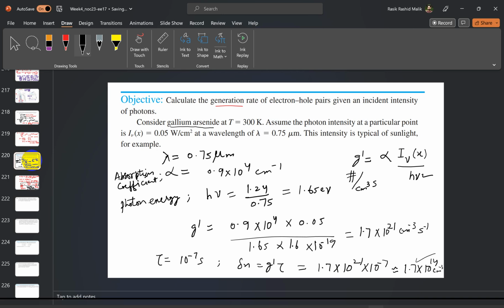And as the photon intensity decreases with distance, the generation rate will also decrease, because we have seen how the intensity of the photons decreases as we go deep into the semiconductor. So the generation rate and the excess carriers will also decrease.